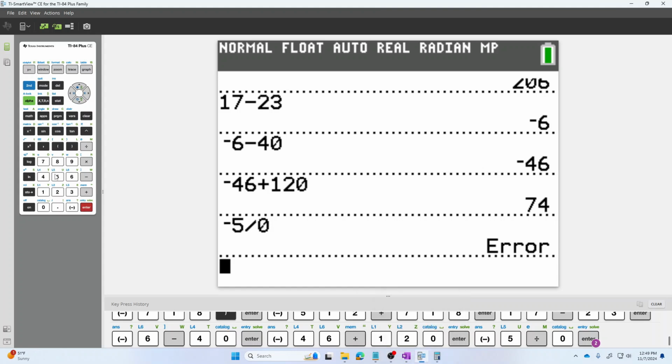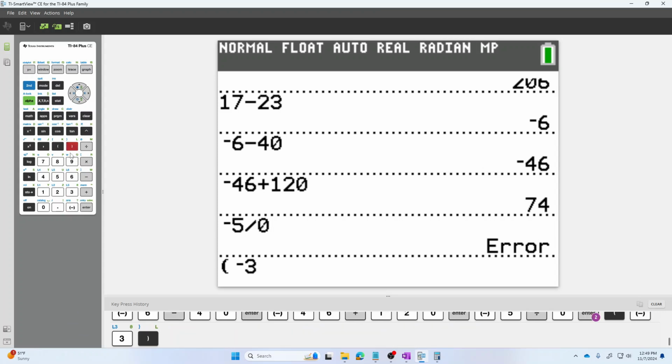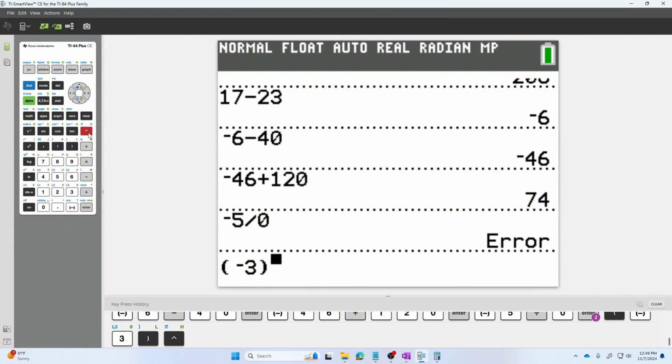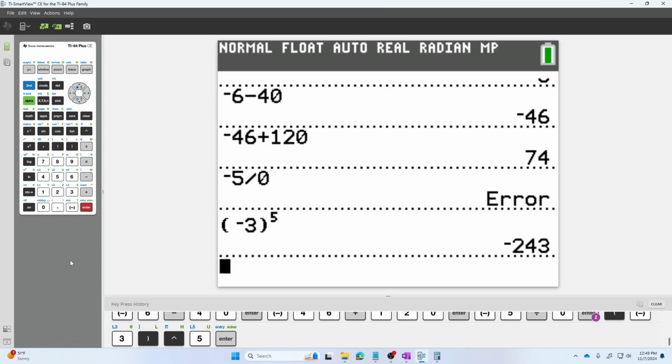I'm going to type in parentheses, the negative symbol down in the bottom right, 3, close the parentheses. Then I'm going to hit the upper arrow here on the right side, and type in 5 for my exponent, and then hit enter. And I can see from that I'm going to get an answer of negative 243.